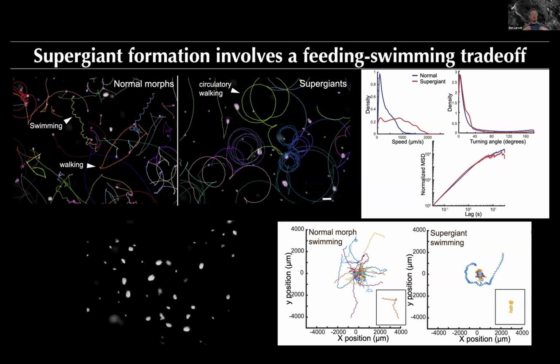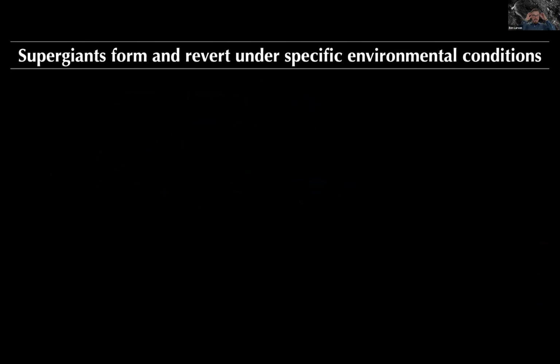So they really seem to be bound to this sort of surface-based lifestyle. They're feeding on surfaces. As far as we can tell, they can't really feed while swimming. Okay. So this morphological behavioral transition is associated with perhaps behavioral trade-offs in terms of dispersal capability.